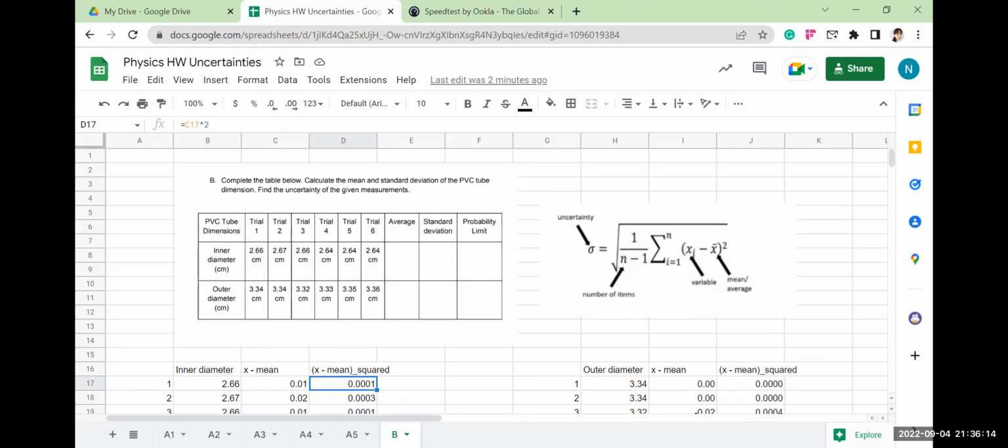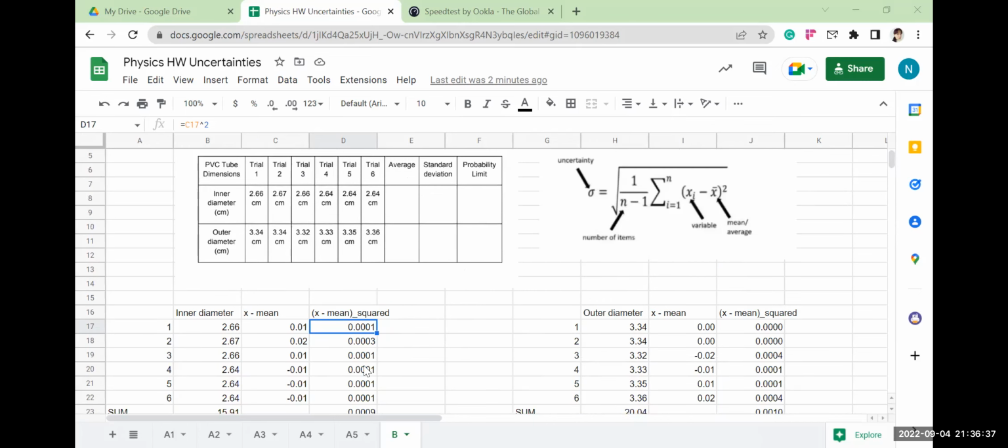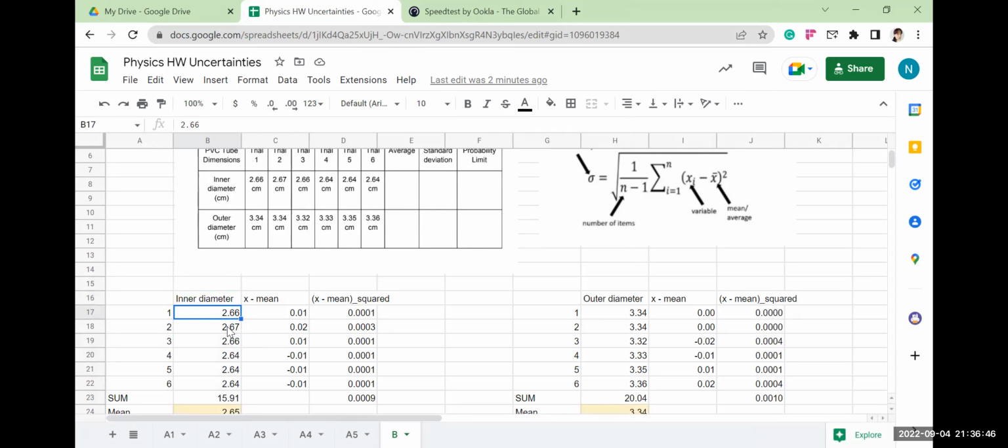Itong malaking I na ito, ang ibig sabihin yan, summation. Let me write that down para hindi ko malito. So yung I na yan, ibig sabihin summation. Equal yan sa sum. So, for this example, variable minus mean. Gumawa ka ng table, list all the variables, subtract each variable from the mean, and then square all the differences and get the sum.